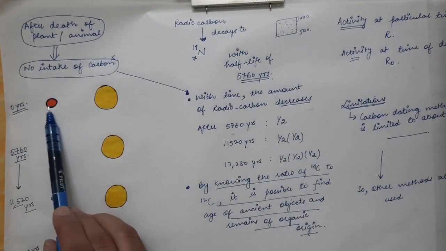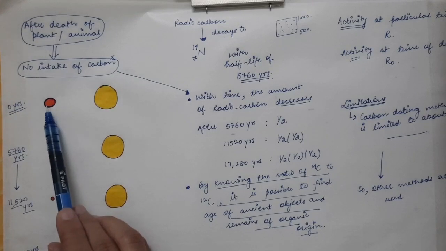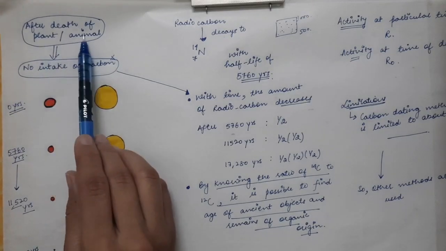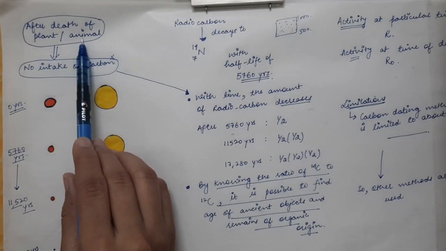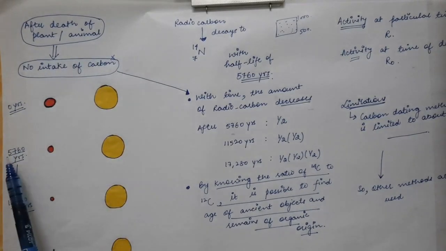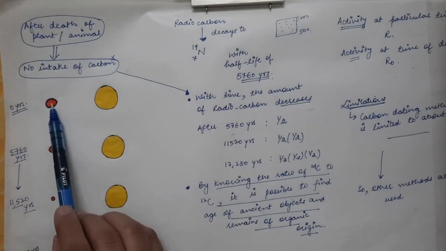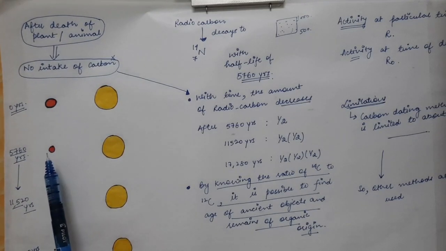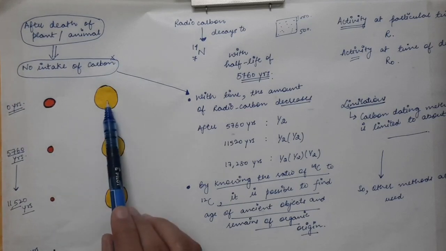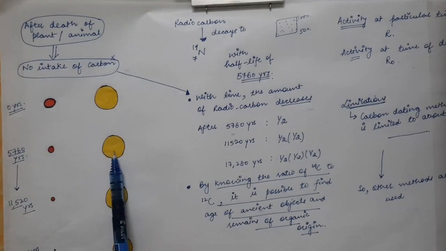This was the initial value at 0 years. If you look into the body of the plant or animal which has died after 5760 years, the quantity of radioactive carbon has reduced to its half, whereas the quantity of ordinary carbon remains the same.